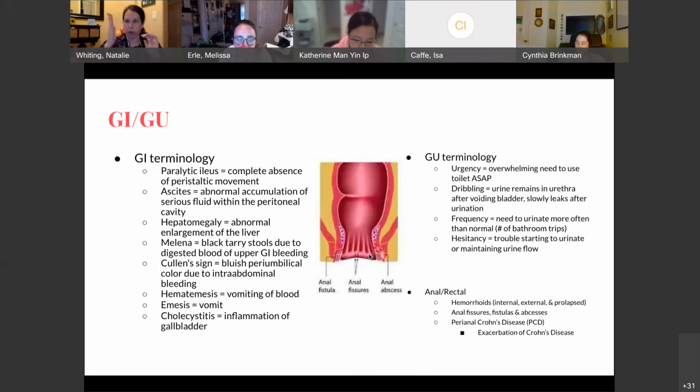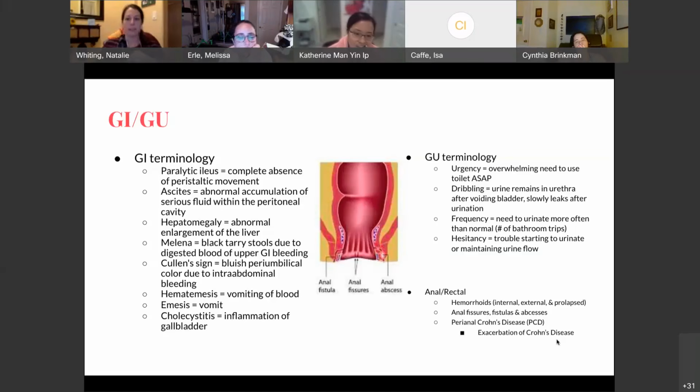Like a groove, a crevice, a fissure. A fistula is like a tunneling from one area to another, and that can also acquire abscesses in it. So you see the anal abscess here and the fistula over here. So this is an abscess with fistula. It's not the best image that I chose, but you guys understand the difference pretty much.